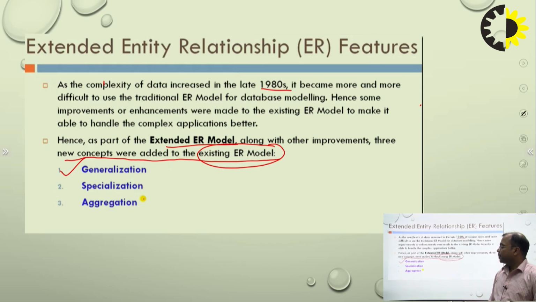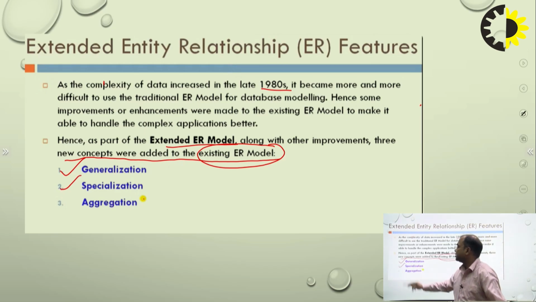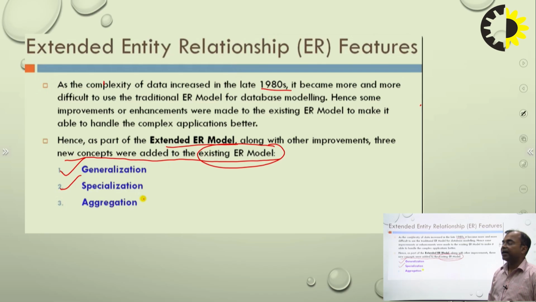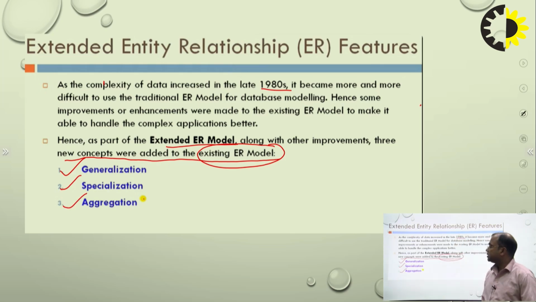Next, the new concept is specialization. It was also not added to the ER model before 1980. It is also a new concept added to existing ER models. And the third new concept which was added is aggregation. Generalization, specialization, and aggregation are the three new concepts that were added to the existing ER model to improve our entity relationship diagram.